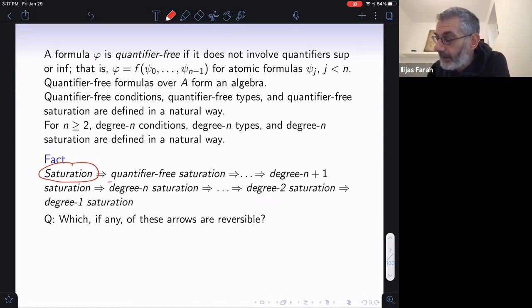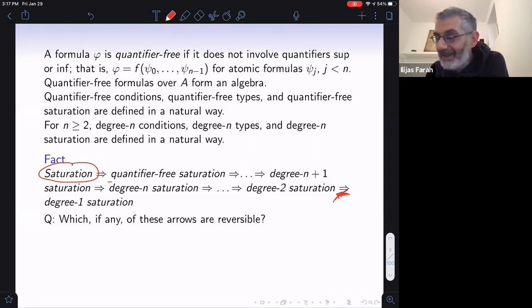And degree n plus 1 saturation implies degree n saturation, all the way down to degree 1 saturation. Now, the question is which, if any, of these arrows are reversible? We already saw that this one here is not. Now, what about degree 2 versus degree 3?